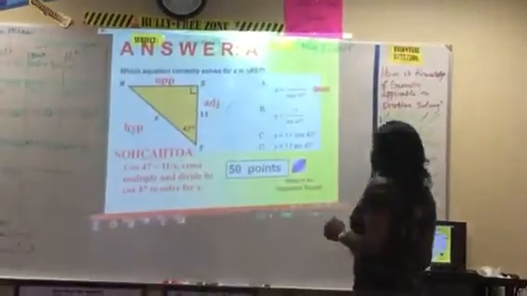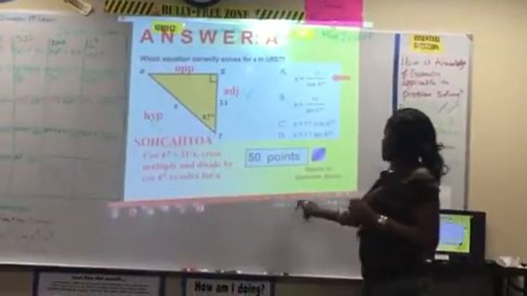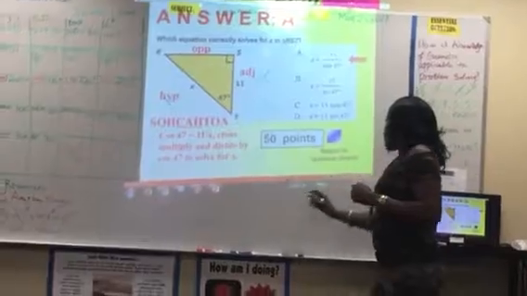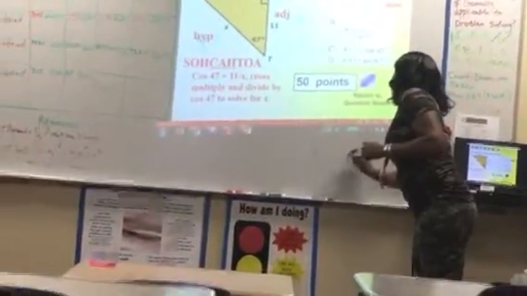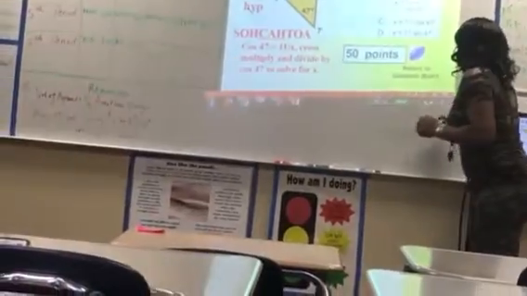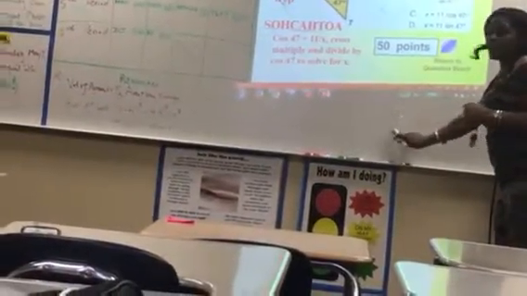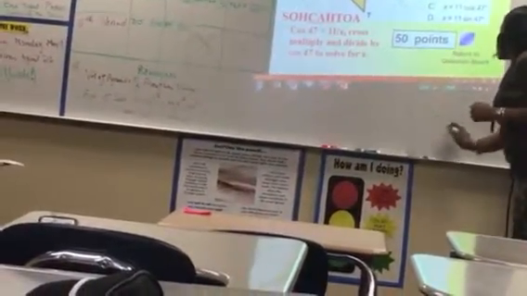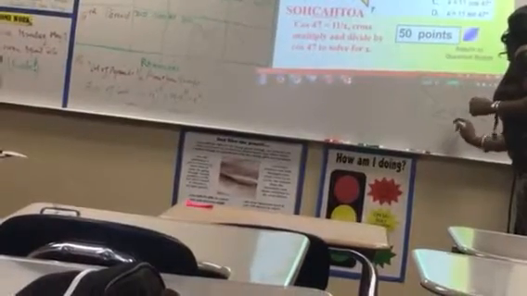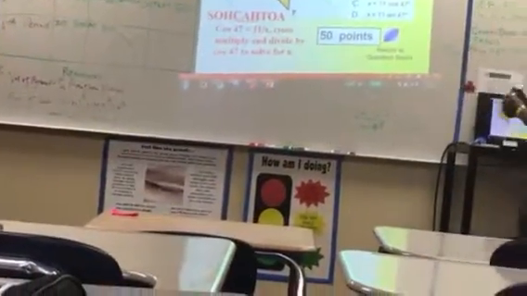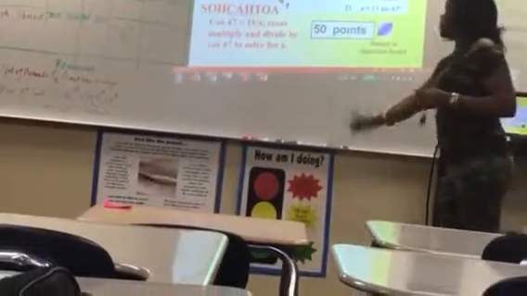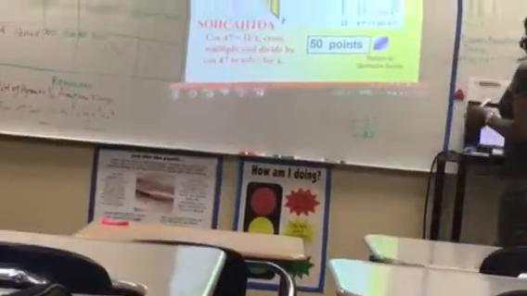Then you cross multiply, putting the cos 47 over 1, so x times cos 47 is equal to 11. To get x by itself, you divide both sides by cos of 47, and that's how you end up with 11 over cos 47. Alright? So the correct answer would have been A.